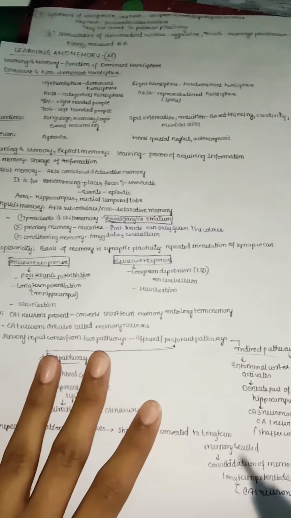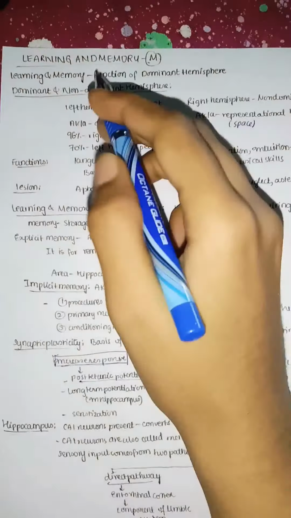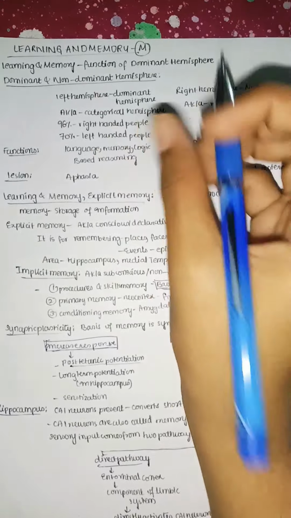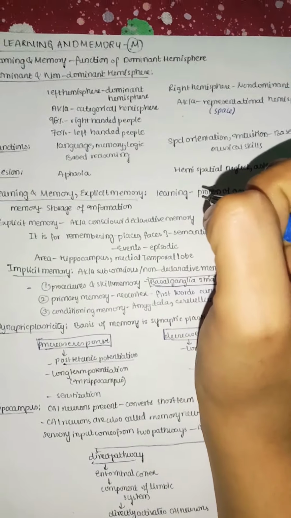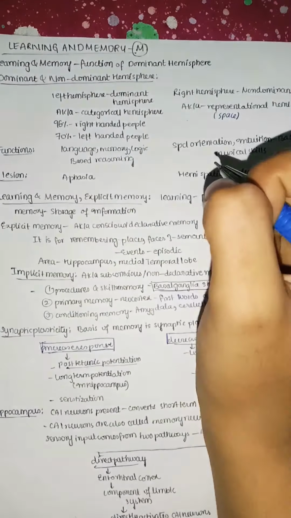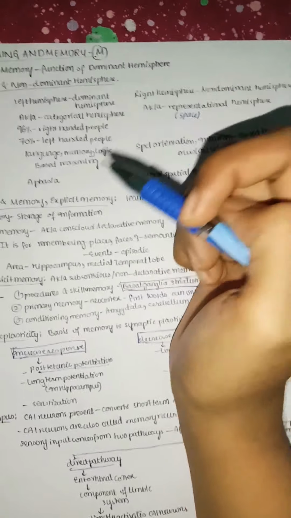Next we'll move on to learning and memory. Learning and memory is the main function of the dominant hemisphere. What is the dominant and non-dominant hemisphere? Mainly the left hemisphere is called the dominant hemisphere and the right hemisphere is called the non-dominant hemisphere.